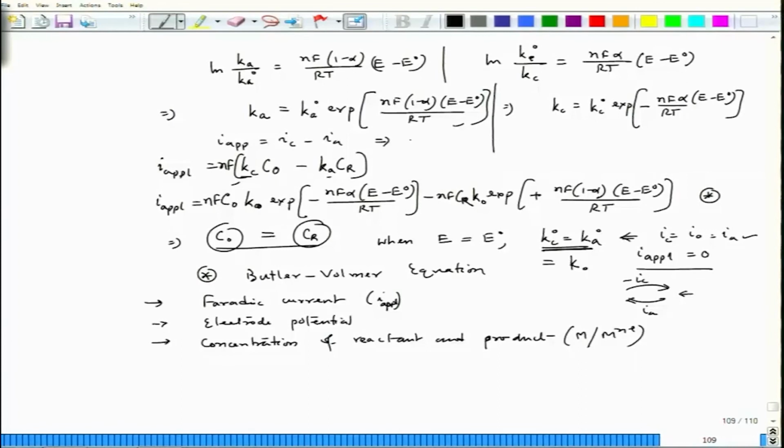Since Ic by Nf equal to Rc and Ia by Nf equal to Ra. So, the only small change, there should be Nf term added to this, and that becomes my Butler-Volmer equation.